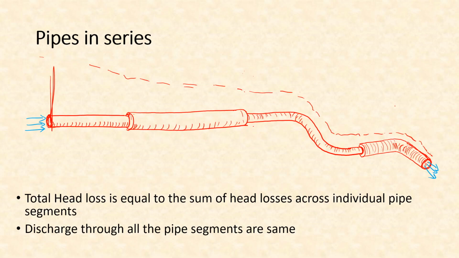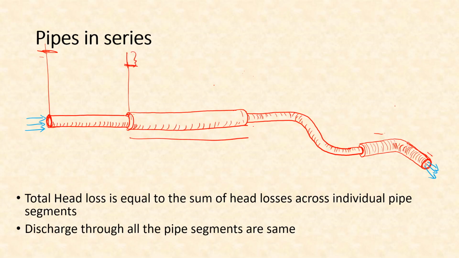Now if we measure the head losses across all these pipes individually, this was the initial head. At the end of this pipe you have lost this much head. Now the next pipe starts from this much head, and over its length it will again have lost this much head.